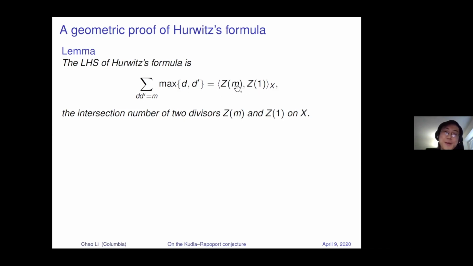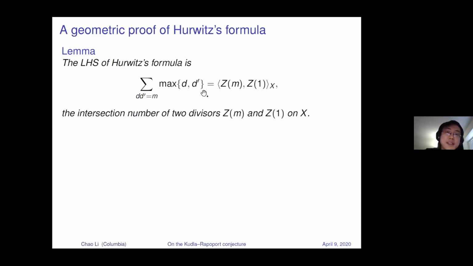Just try to move the diagonal cycle to be essentially a summation of a horizontal fiber and a vertical fiber, and intersection with a horizontal or vertical fiber is clearly related to these divisors. All right, so that's the first step.